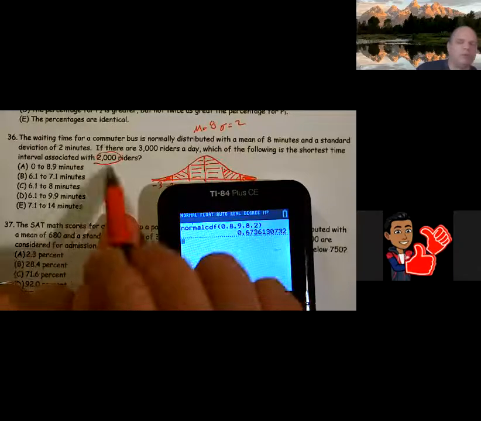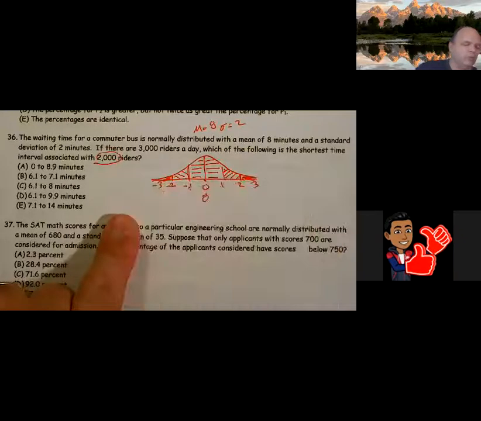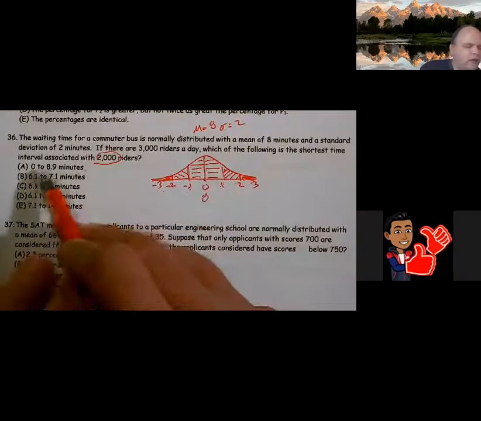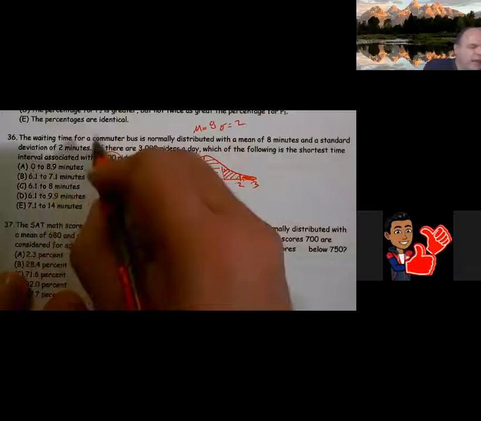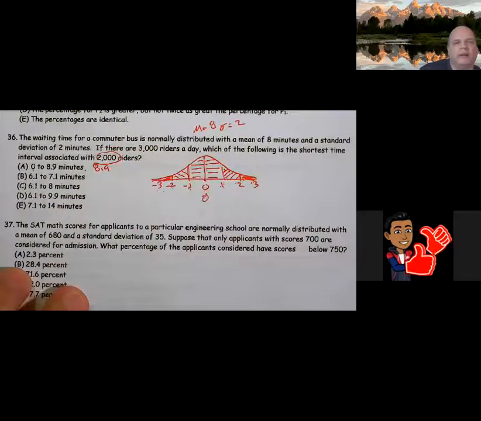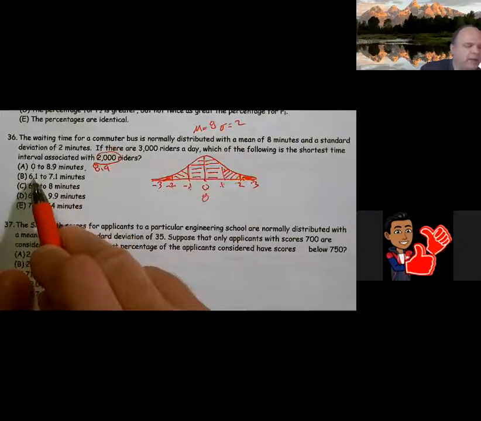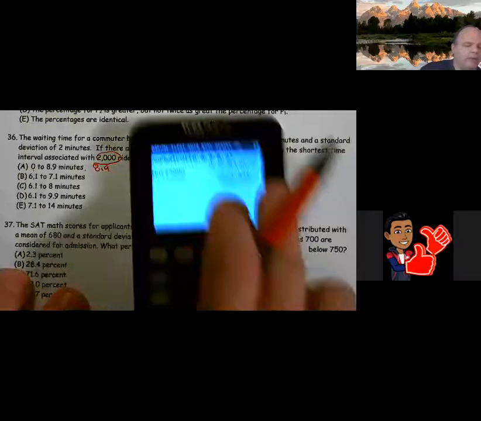They want to be close to 2,000 out of 3,000. That's pretty close to 2,000, so this qualifies, but notice this has an 8.9 minute spread. Let's check this one that spreads out only 1 minute. Let's see if it is close to 2,000.